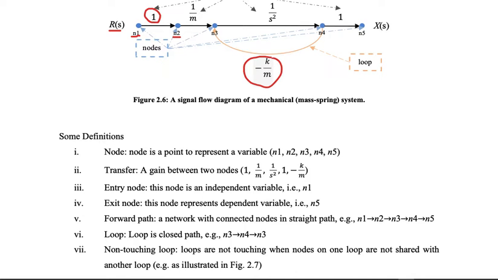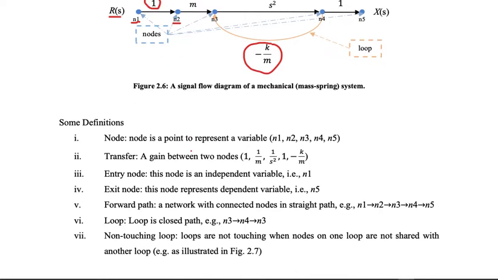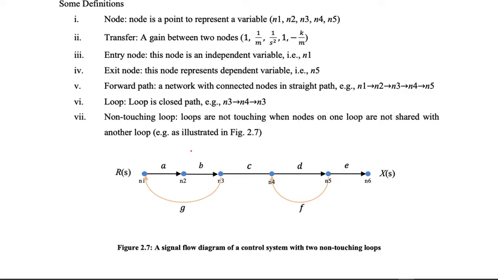And then we have the final definition, which is the non-touching loop. A non-touching loop can be illustrated by figure 2.7, where we have two loops. Loop number 1 is N1 to N2 to N3, and then N3 back to N1.